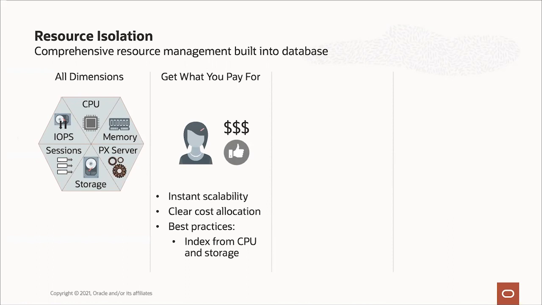So rather than giving you all sorts of knobs and buttons to twiddle and push, we give you 2. This is what we do in Autonomous Database. You control your number of CPUs and your storage, and everything else is dependent and indexed from that. So that's very important.